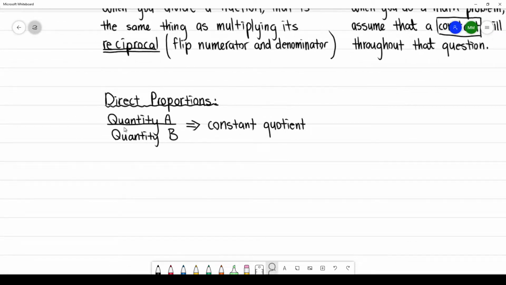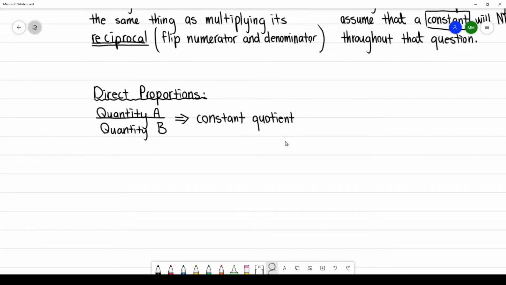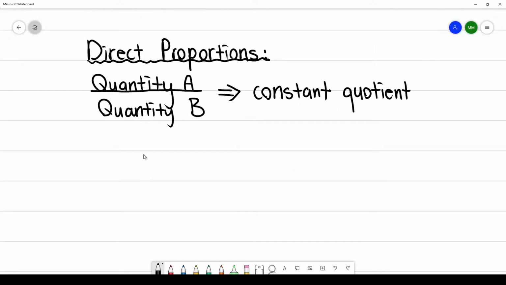So for direct proportion, quantity A over quantity B gives a constant quotient. How we represent this using something fancy can be A is proportional to B, with this fancy symbol over here.